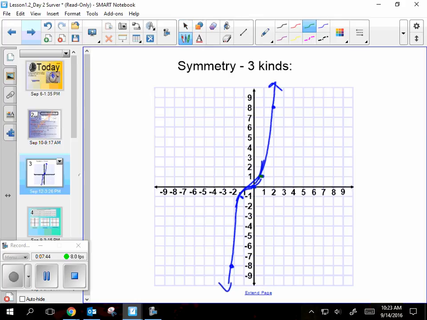That point there, if you draw a line straight through the origin and out the other side, there's another point on the graph that's right there. This dot right here, if you draw a straight line through the origin, see how it hits the other one? I'm off a smidge, but that's called origin symmetry, the special kind of symmetry.